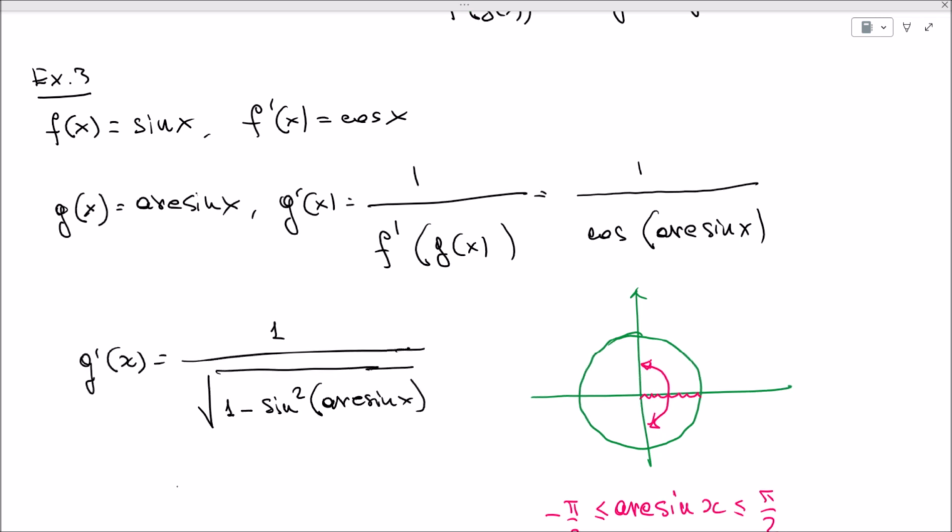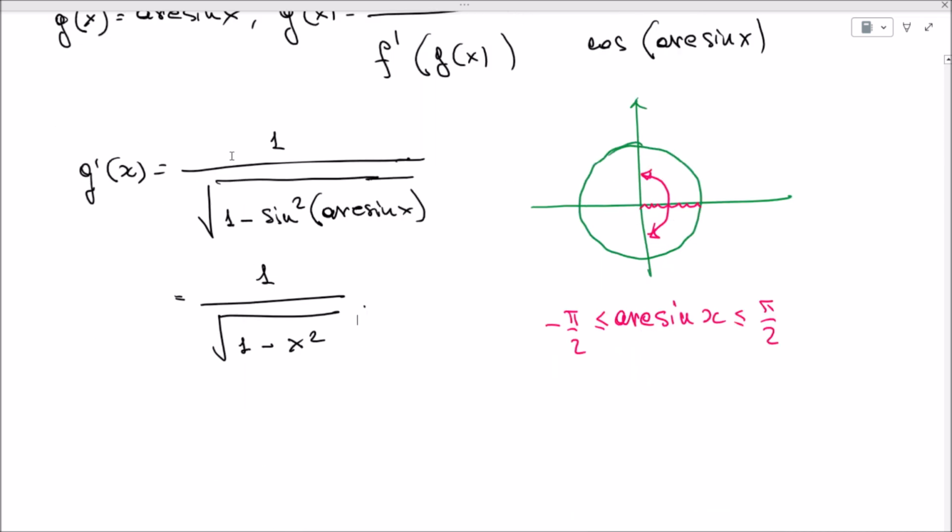And now this is easy, because this becomes just 1 divided by the square root of 1 minus x squared. So this is the derivative of the inverse function.